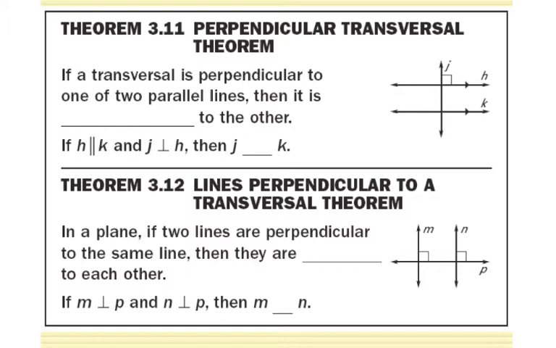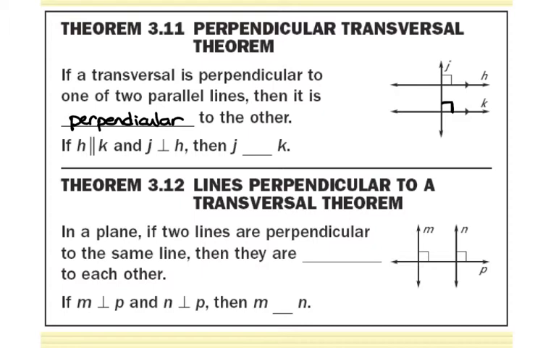If a transversal is perpendicular to one of two parallel lines, then it is perpendicular to the other. Okay, so this should make sense since we know that these two angles right here are going to be congruent, then that angle that I just marked has to be 90 degrees.